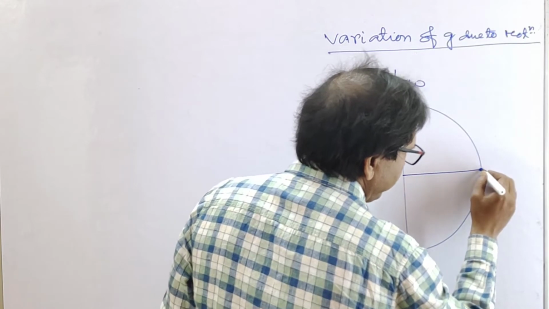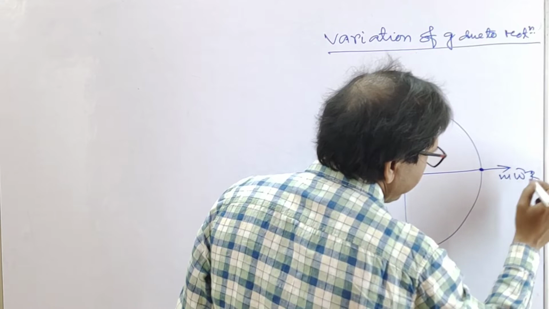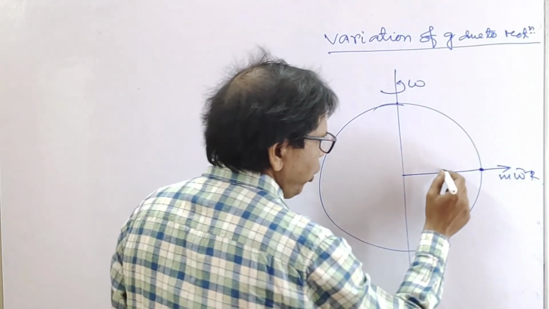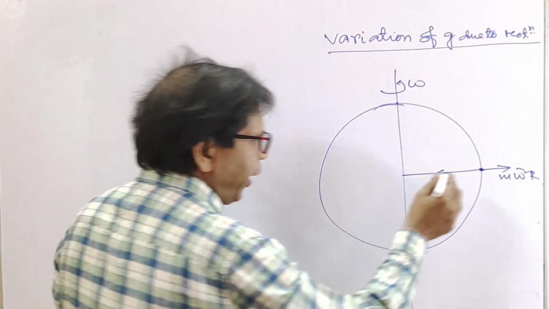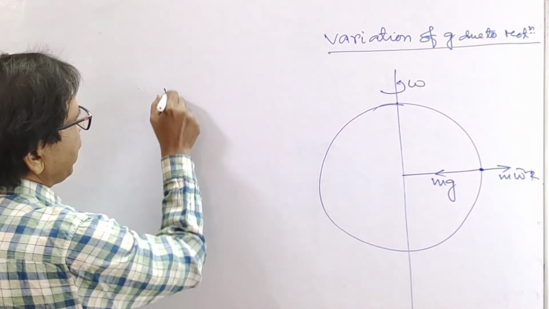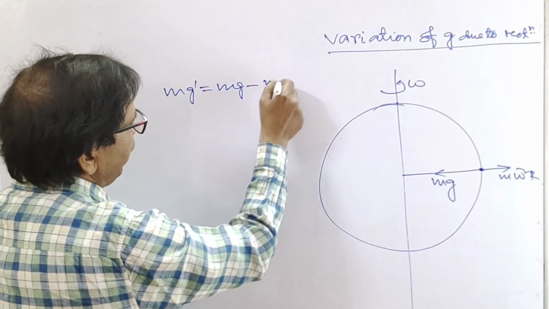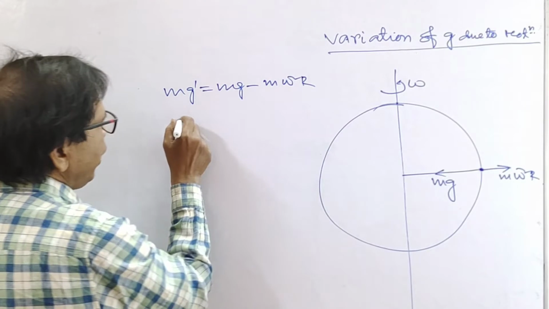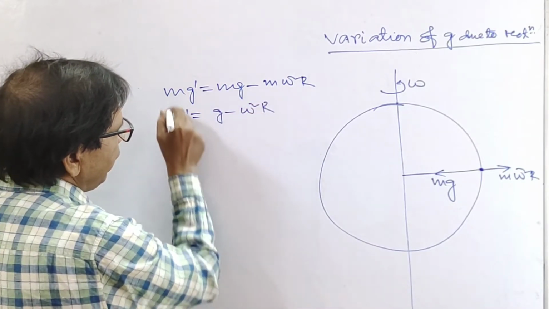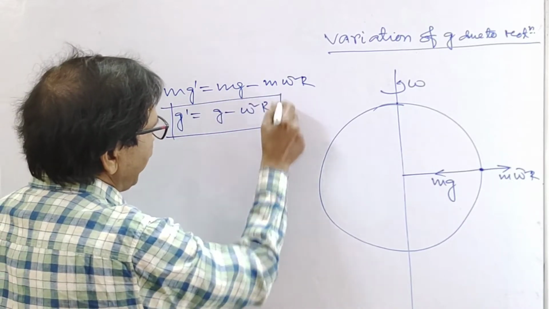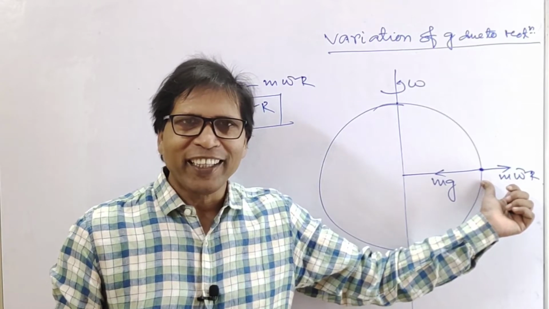At the equator, this centrifugal force is m omega square R, and the weight of the body mg acts in the opposite direction. So at the equator the weight becomes m g dash equal to mg minus m omega square R. Therefore g dash equals g minus omega square R, which is the expression of acceleration due to gravity due to rotation of earth.